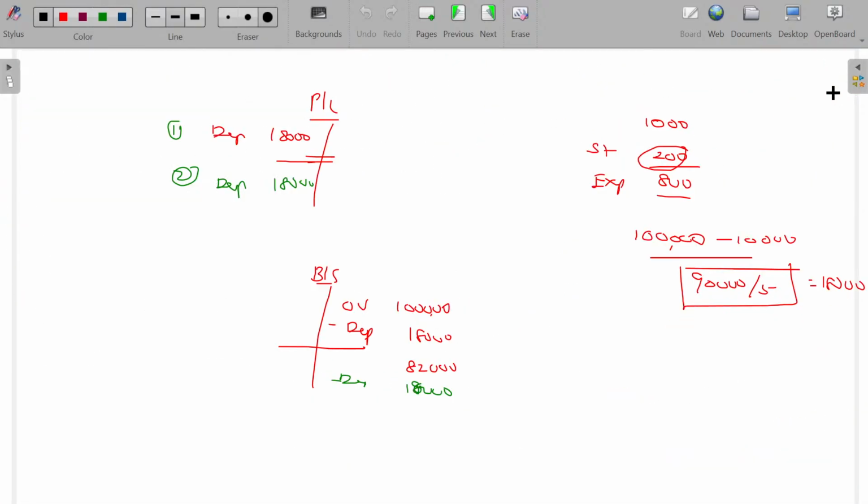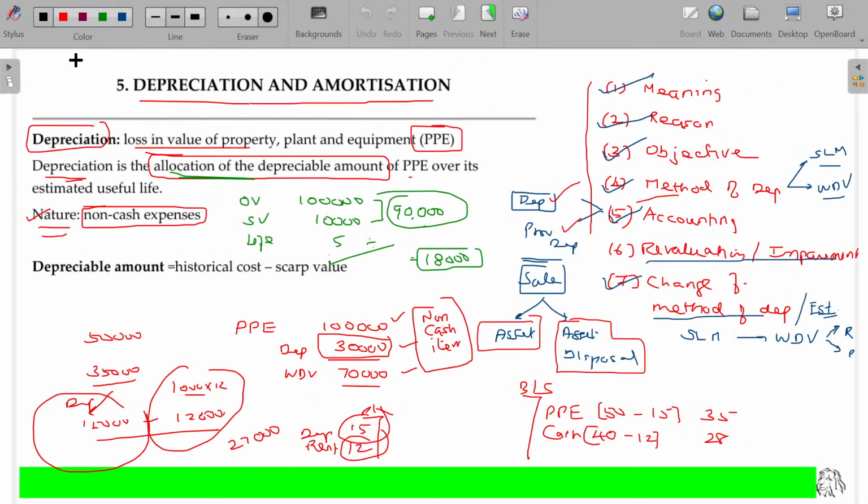See, we have completed change in estimations. Depreciation is based on 3 factors: original value, scrap value, and life. What happens if these 3 factors are getting affected due to some reasons?